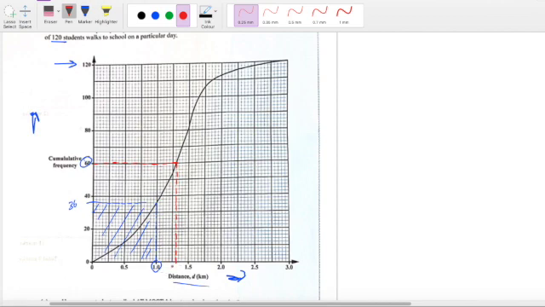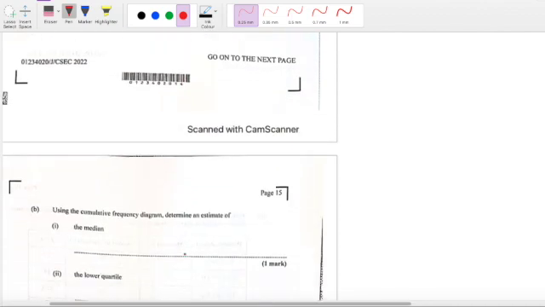So 1.1, 2, 3, 4, about 1.3. So the median distance is approximately 1.3 kilometers.